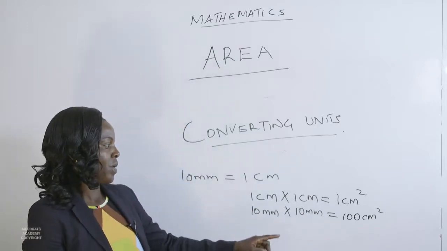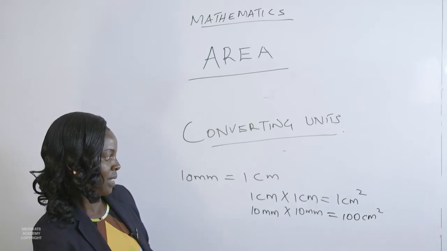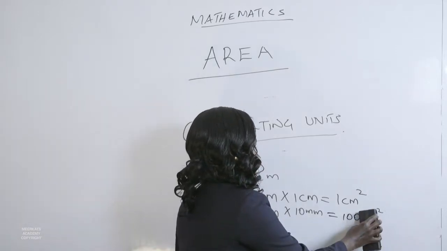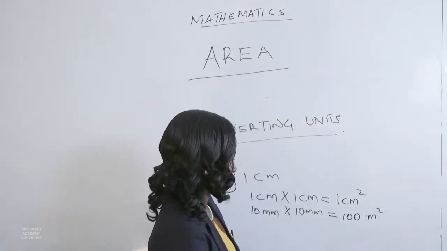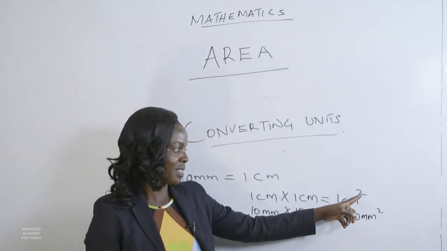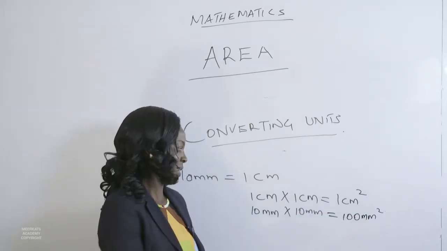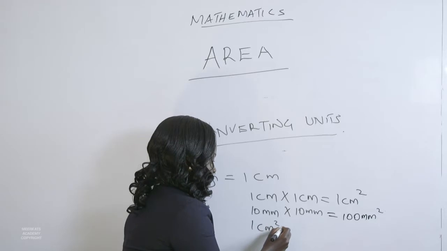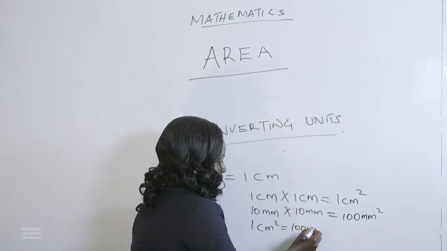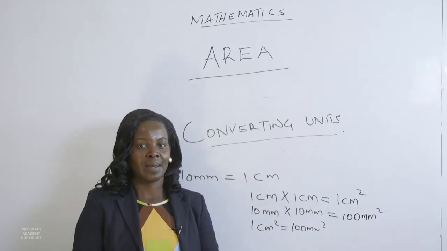So then under 1 square centimeter, we have 100 square millimeters.